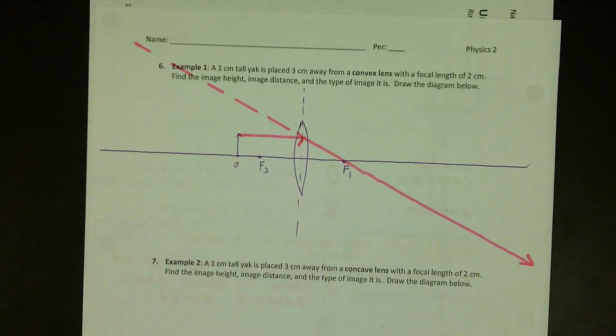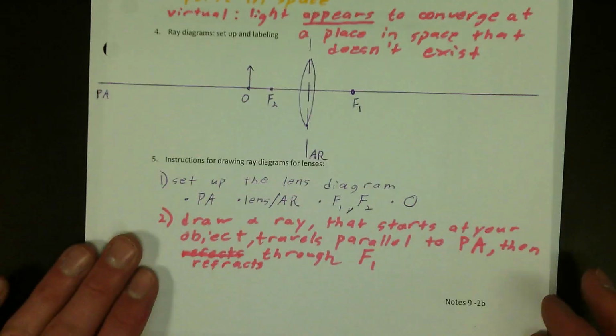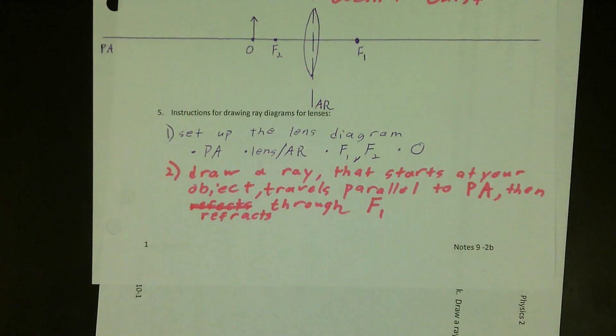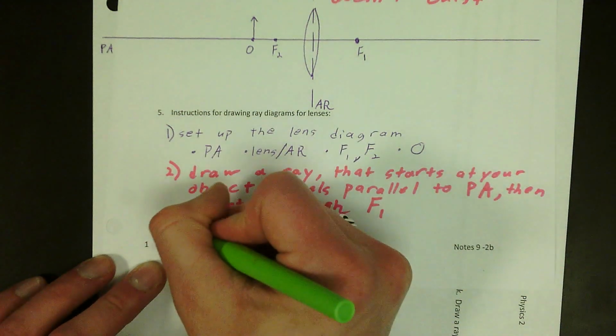This next one will start at the same place. They'll all start at the same place, but they're going to go the exact opposite. So the last one, I drew a ray that starts at your object, travels parallel to the PA, then refracts through F1. This one is going to be the exact opposite. The first stuff is all true.